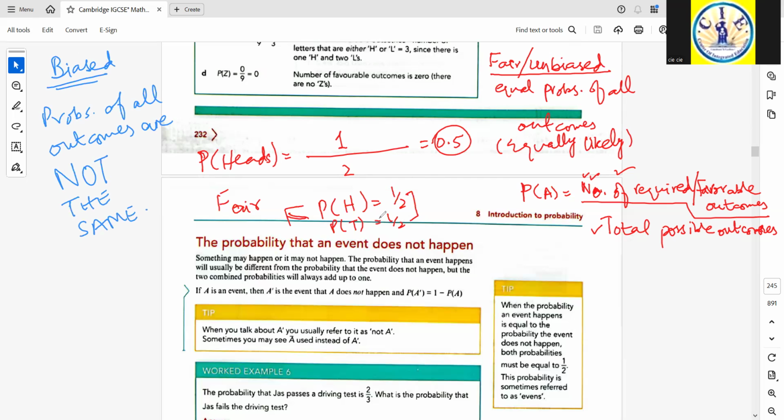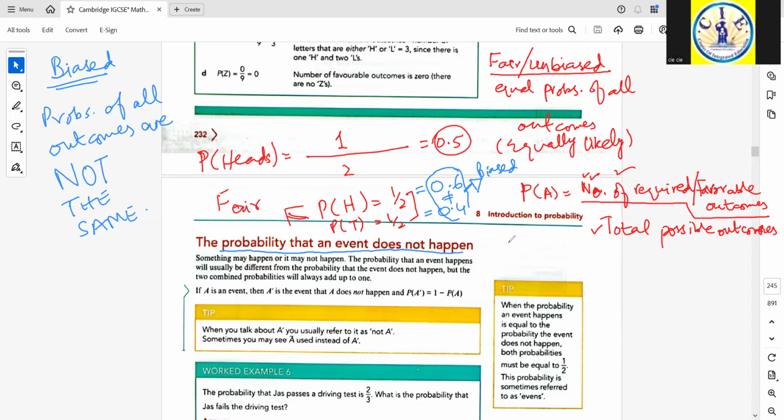In the same example, if you have the probability of H as, let's suppose, 0.6, and obviously the probability of tails is going to be 0.4, then their probabilities are not equal. So in that case, we would say that the coin is a biased coin because the possible outcomes do not have equal probabilities.